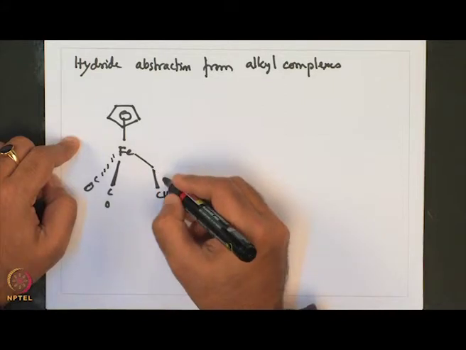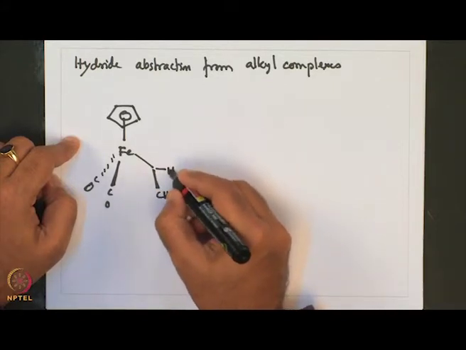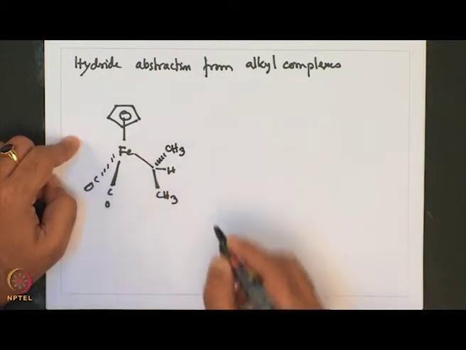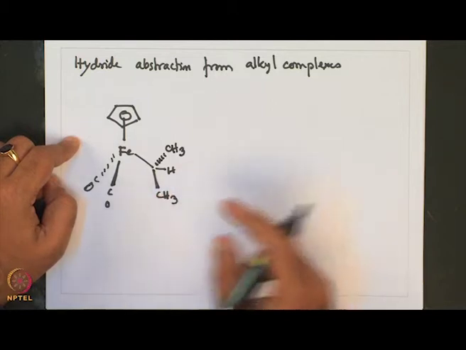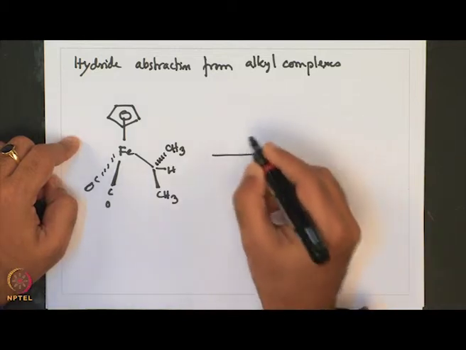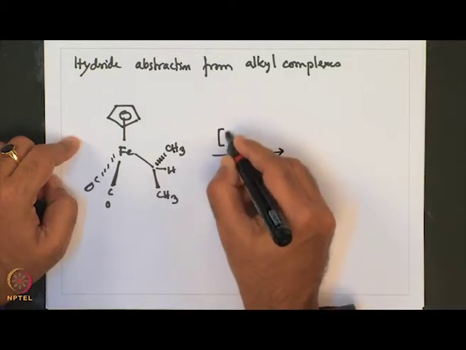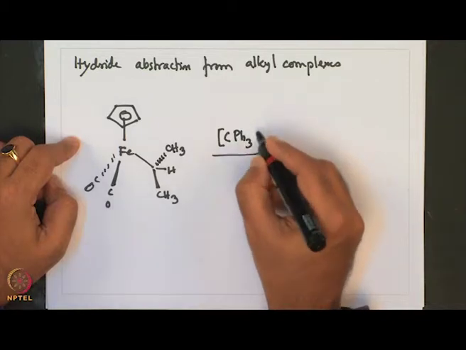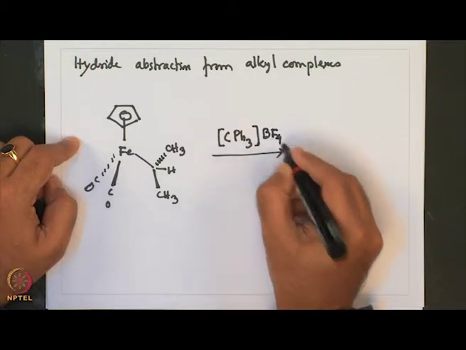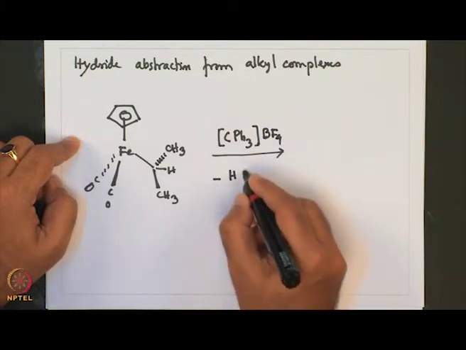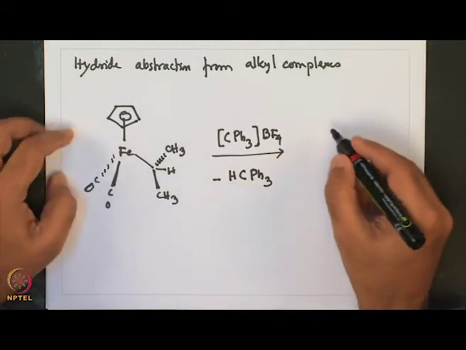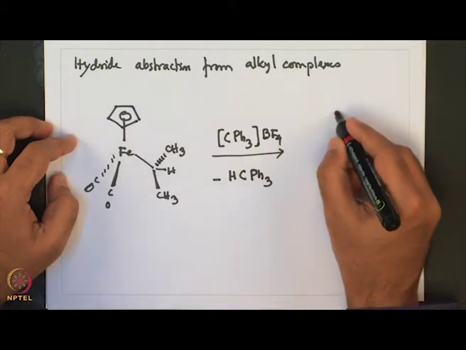So, the alkyl is an isopropyl moiety with 2-methyl, and so it's an isopropyl iron alkyl complex, and the hydride is abstracted with trityl cation, Ph3C+ BF4 minus, which gives Ph3CH and the corresponding cationic olefinic complex.